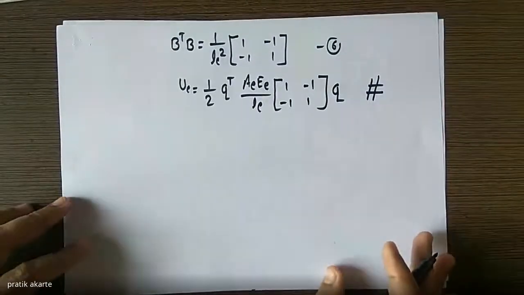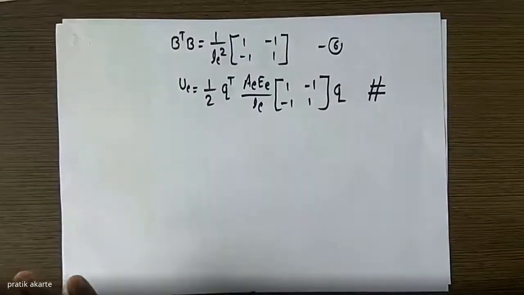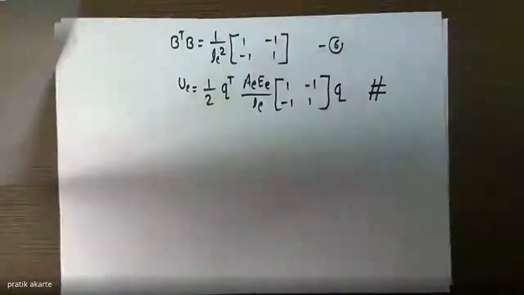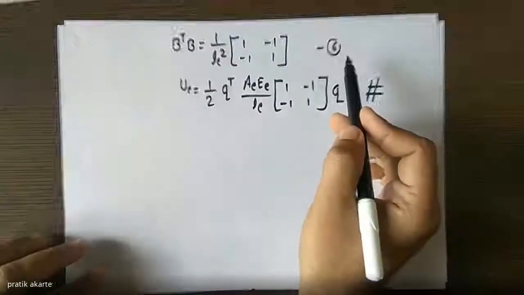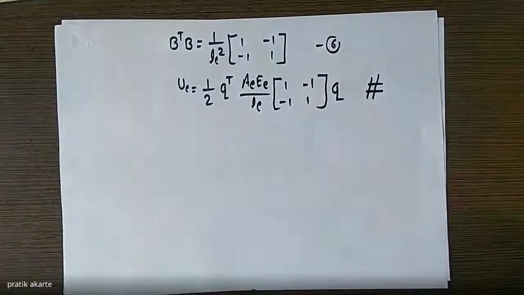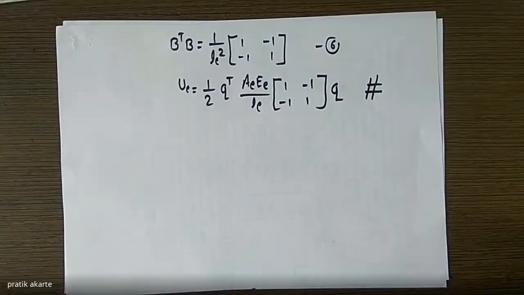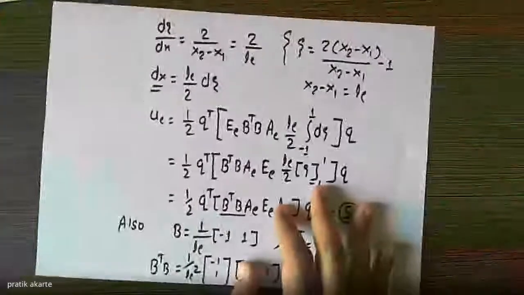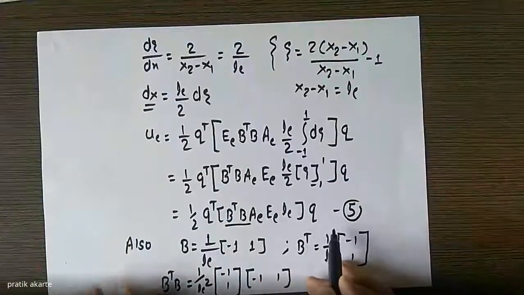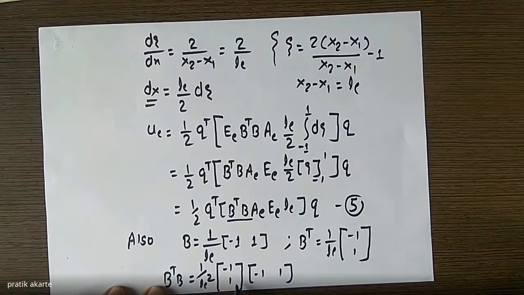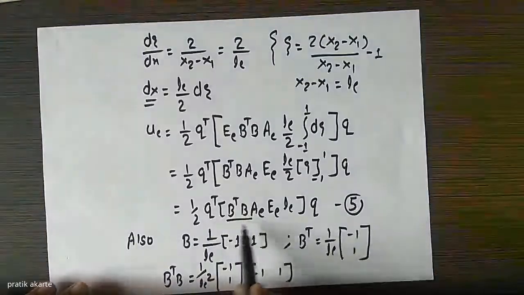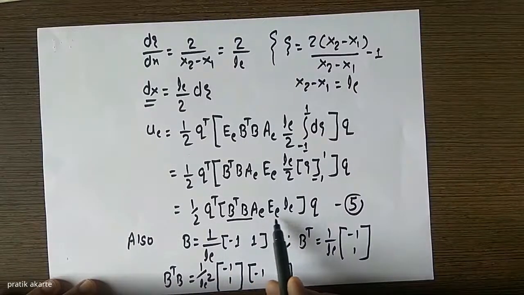So I have written equation number 4 in terms of equation number 5 and 6. Let us see what I have written over here. So this is my equation number 5. B transpose into B is half Le square upon minus 1, 1, minus 1, 1, and q transpose is outside the element, and this is A E, Ee, Le.